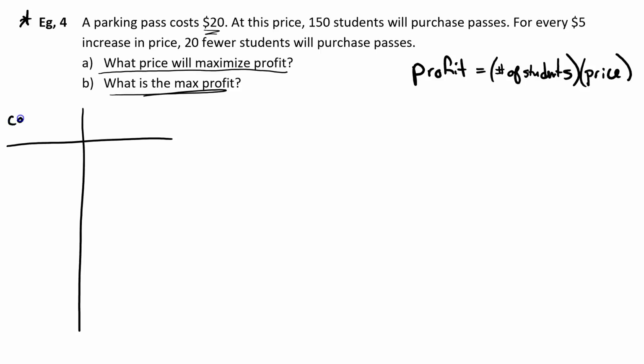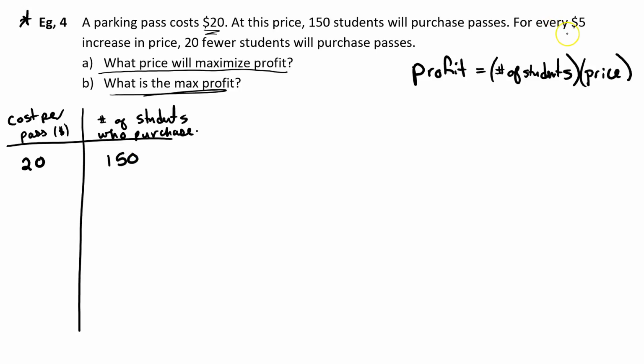So cost per pass, number of students who purchase. So when the cost of the pass is $20, so this is in dollars, the number of students is 150.